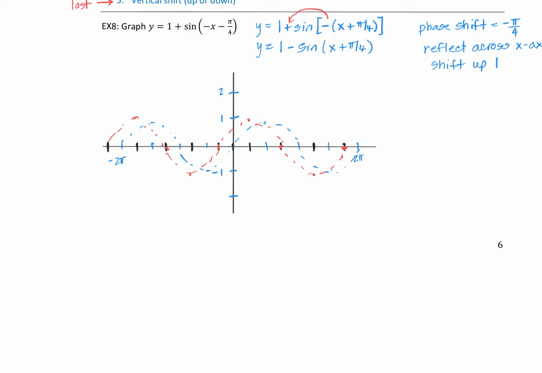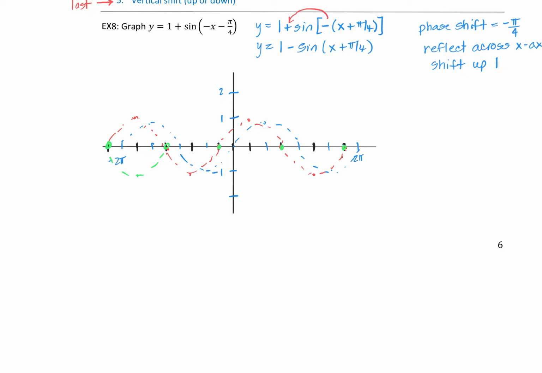Now what I'm going to do is reflect across the x-axis. So when I reflect across the x-axis, any point that's at 0 will stay. So all these zeros will stay. However, if it's a positive, it becomes negative.